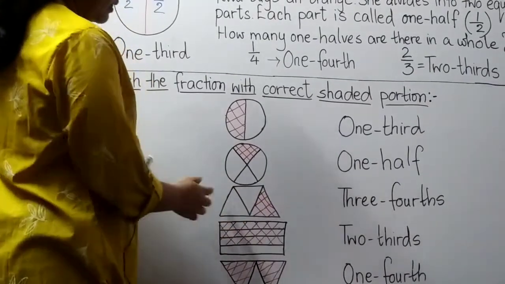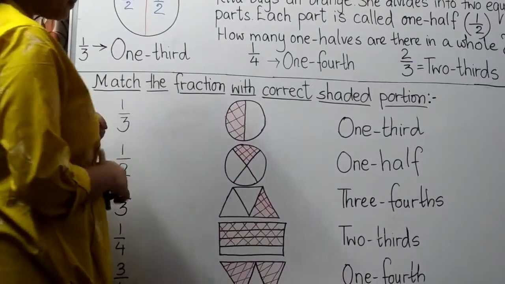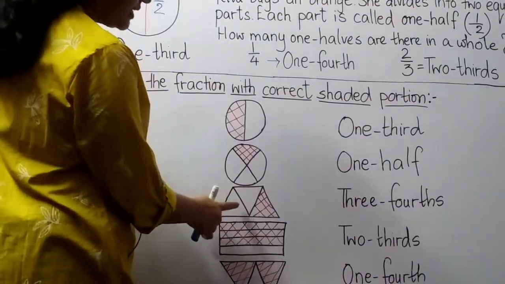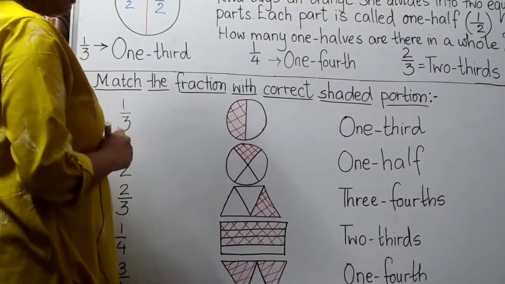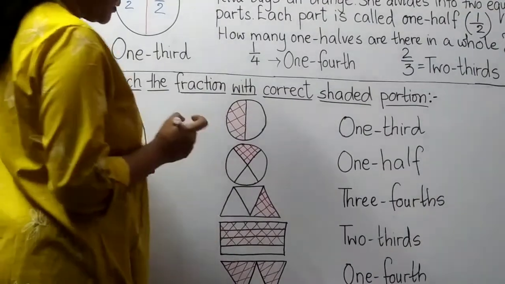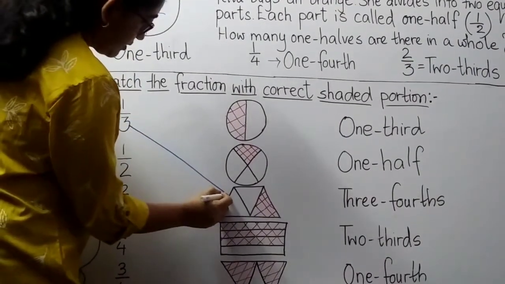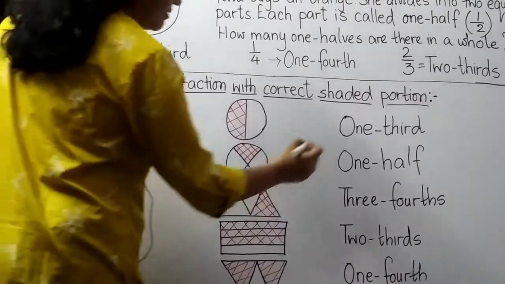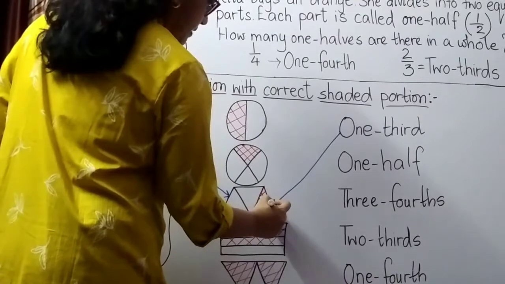So, this is the diagram we have to match with this fractional number. Among these 3 parts, one part is shaded. So, it represents 1/3. So, I am giving the arrow in this manner. This word form will also come in the same manner.